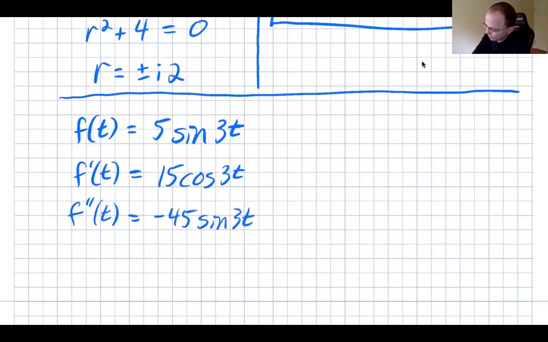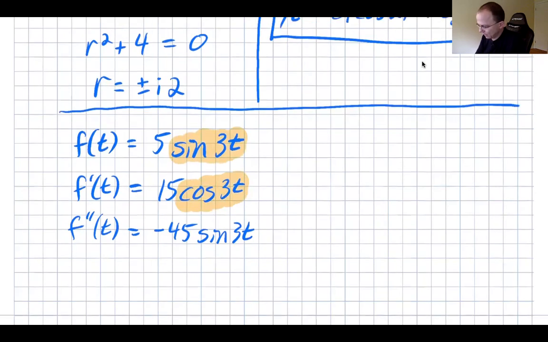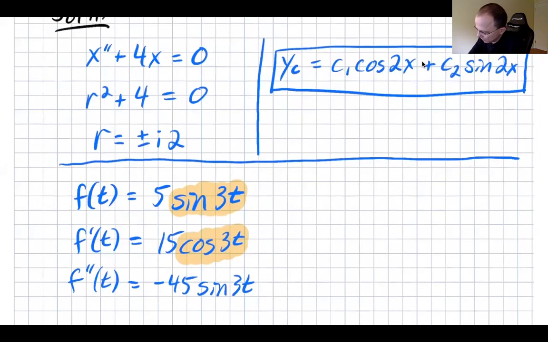So the only terms showing up are sine and cosine of 3t.